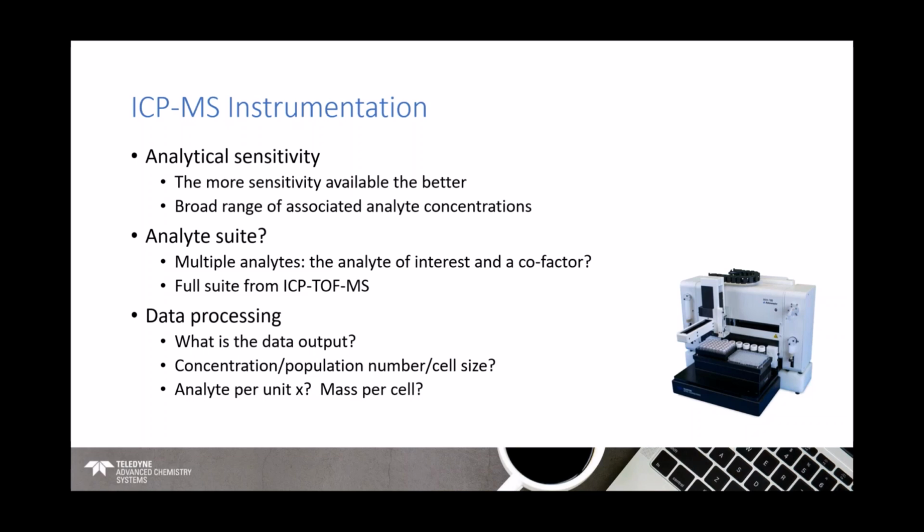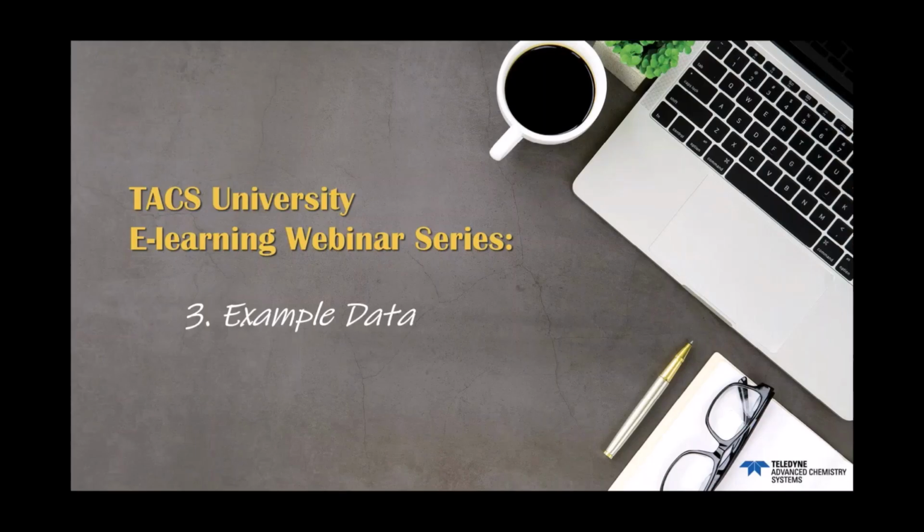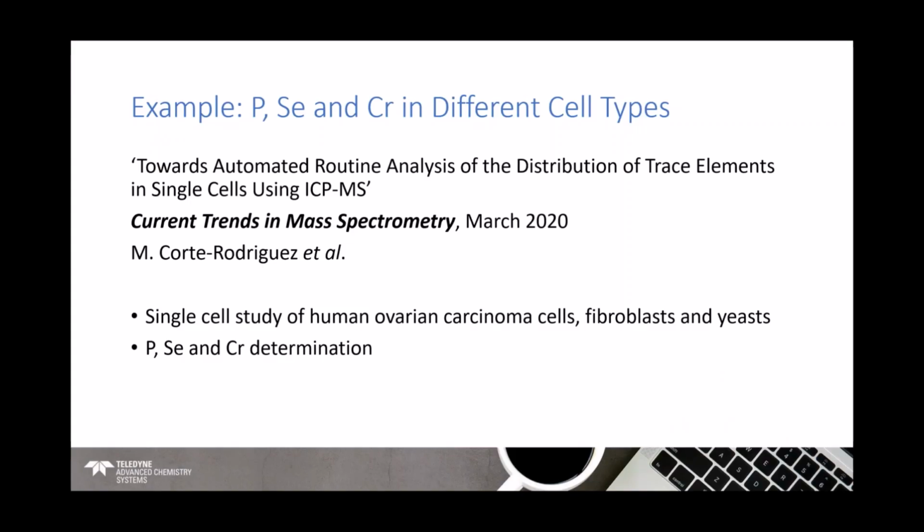So an example for you. Last month, one of our collaborators at the University of Oviedo published an article in Current Trends in Mass Spectrometry on this automated process using the MVX 7100 system with this glassware with an ICP-MS for single cell work.